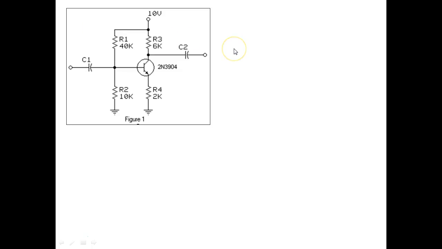So VR2, which is equal to VB, is going to be equal to 10K over 50K, or 10 over 50, or 1/5, right? You'll see a lot of this. Then we're going to multiply this times 10.